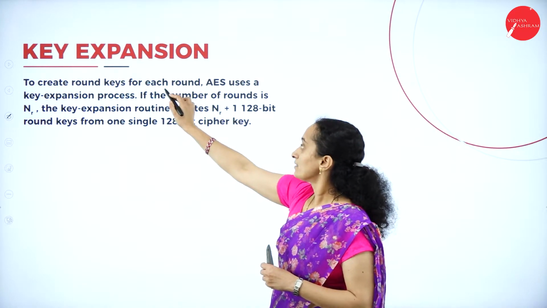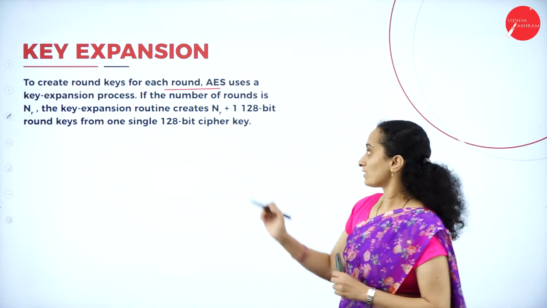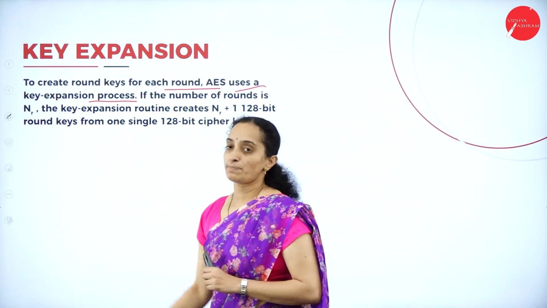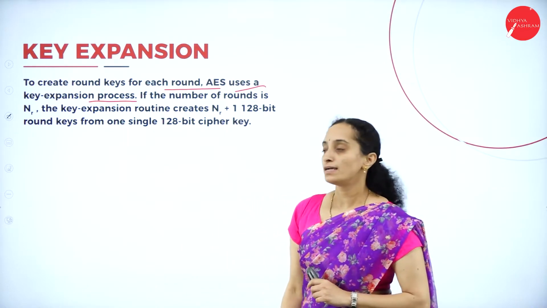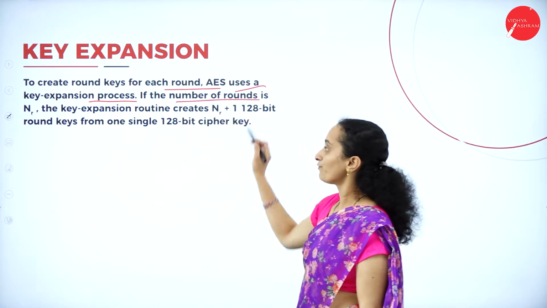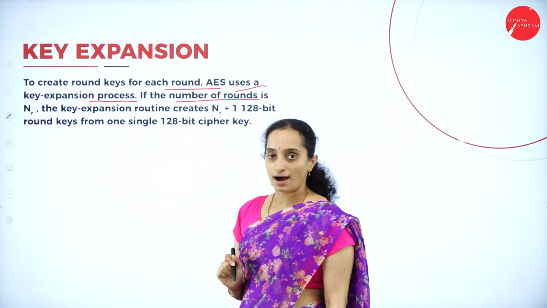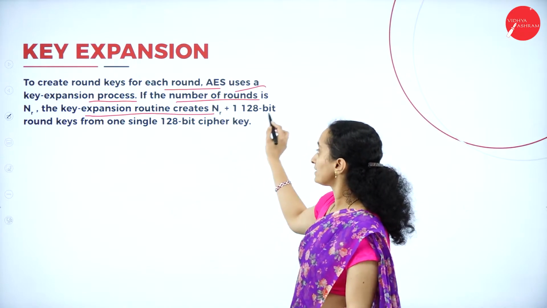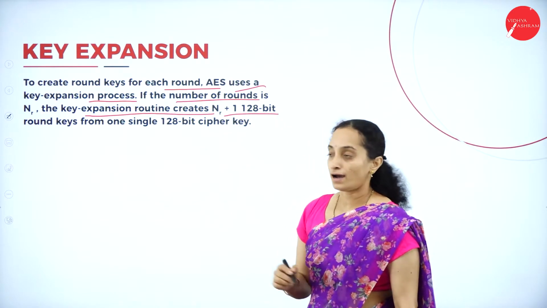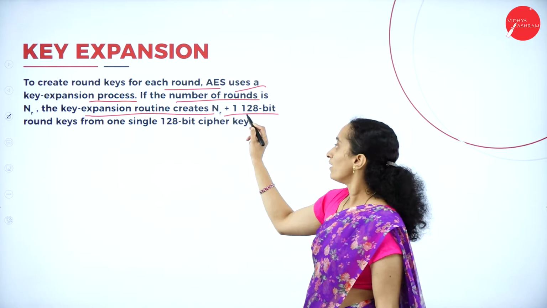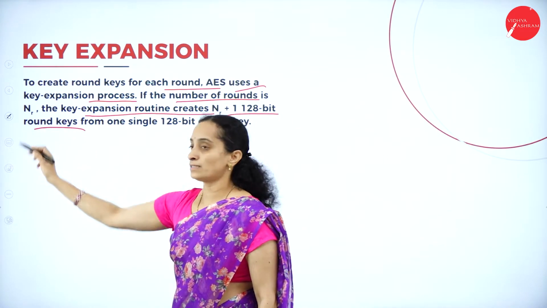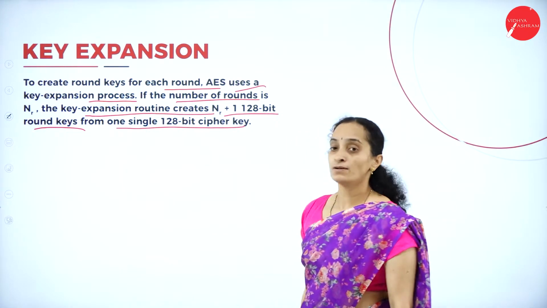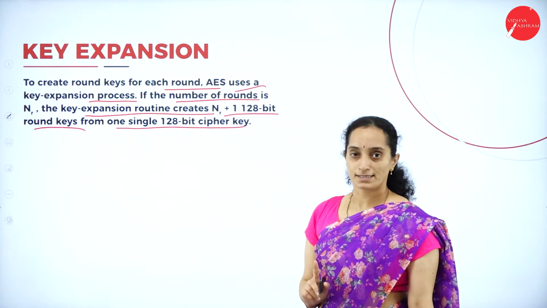So to create round keys for each round, the AES uses the key expansion process. How it is done is, if the number of rounds is Nr, then the key expansion routine creates Nr plus 1, 128-bit round keys, from one single 128-bit cipher key.